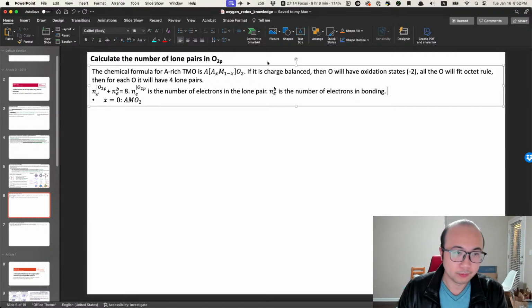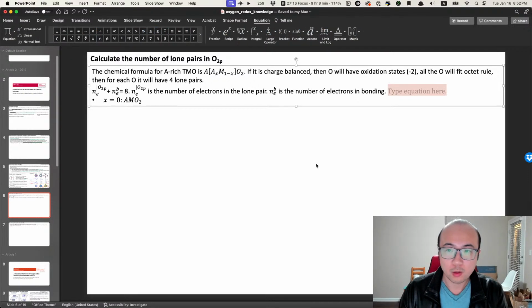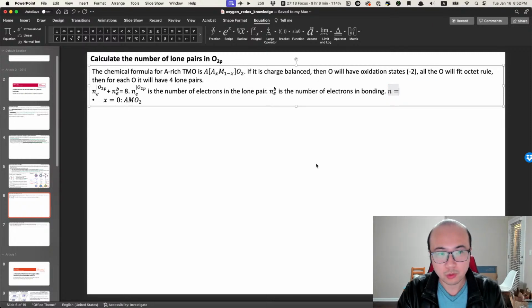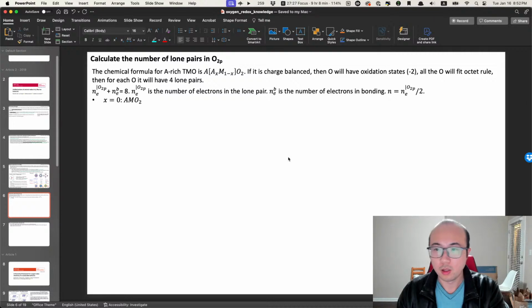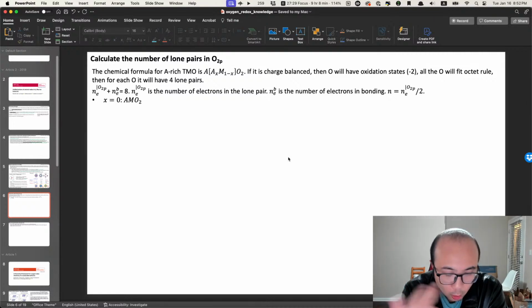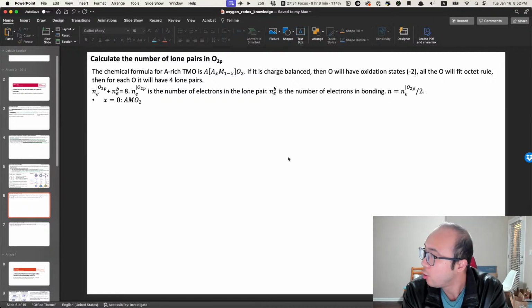And we know that n equals 2, because each lone pair has this.